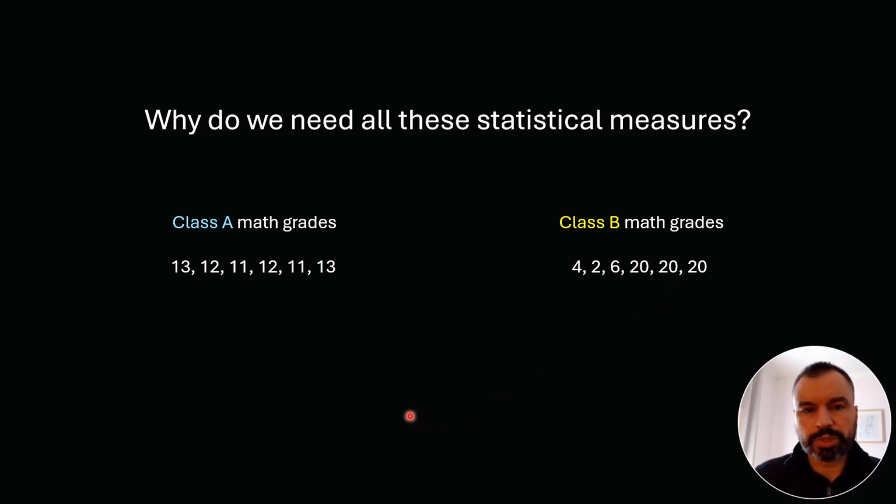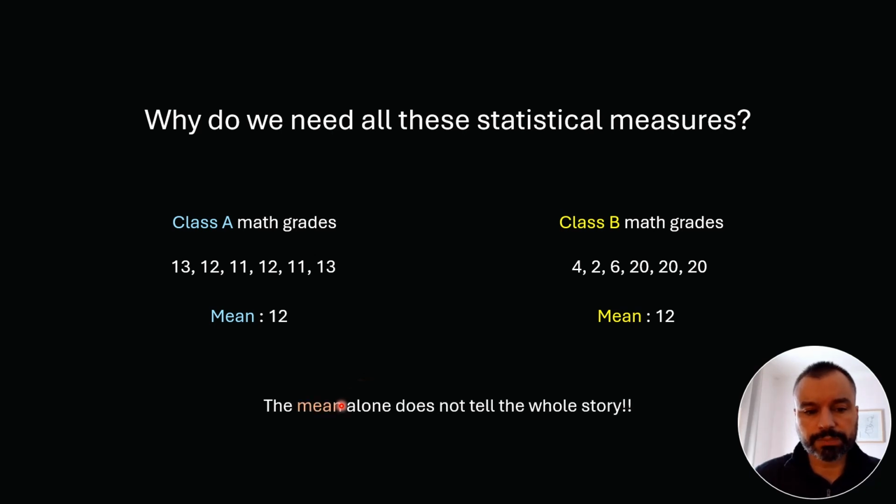And yet, when we calculate the mean, we get 12 in both cases, which tells us that the mean doesn't explain us everything. The mean doesn't tell the whole story. We need to combine the mean with some other statistical measure to get a more detailed picture of what's going on.